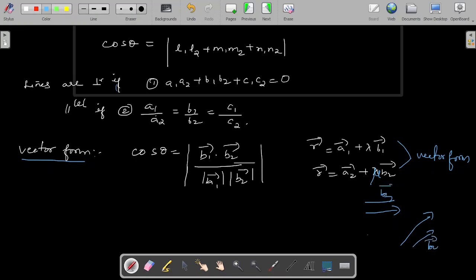So the angle between these two lines is the same as the angle between the vectors b1 and b2. So you have to find cos theta equal to magnitude of b1 dot b2 by magnitude of b1 into magnitude of b2 vector. So this is when the equations are given in vector form.